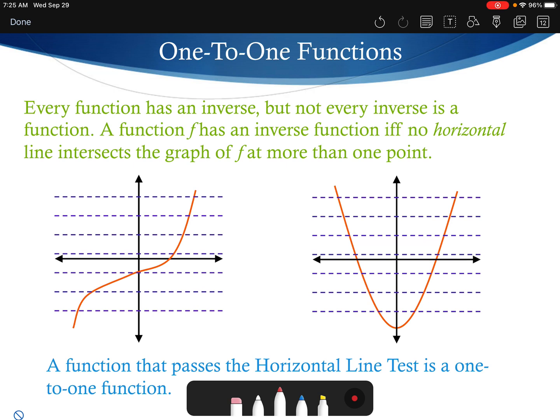A function f has an inverse if and only if no horizontal line intersects the graph of f at more than one point, meaning that there is no y more than one time. To be one-to-one means one x, one y. There's not another x that points to that y.